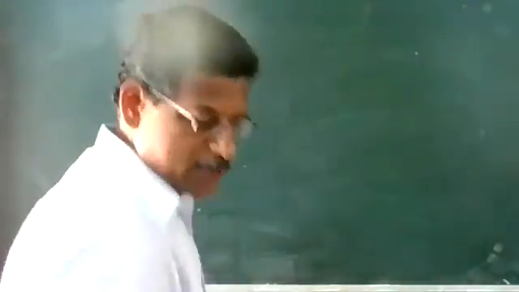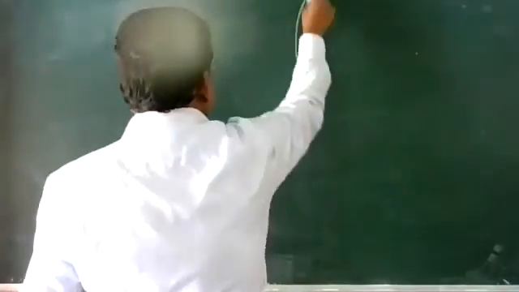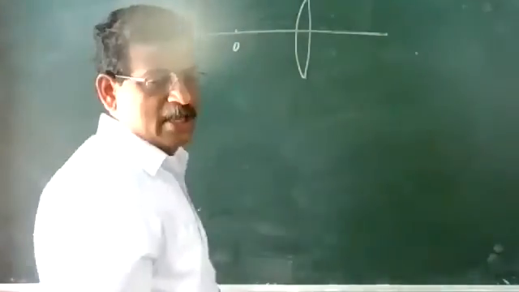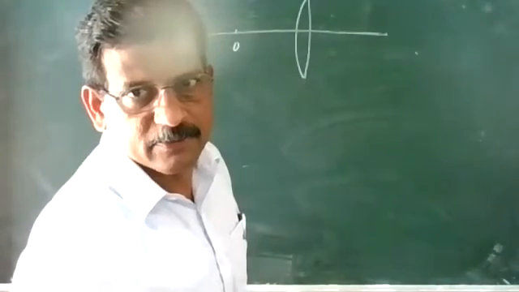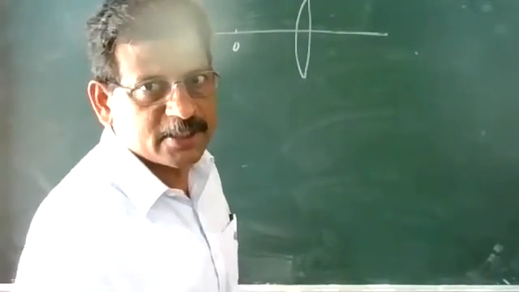So there are two principal foci for a lens. The first principal focus definition is in this way. The object is so situated at a point that the image is formed at infinity. So here the object is here.